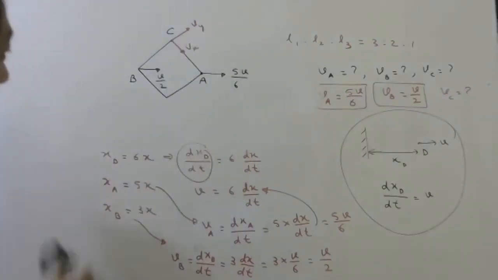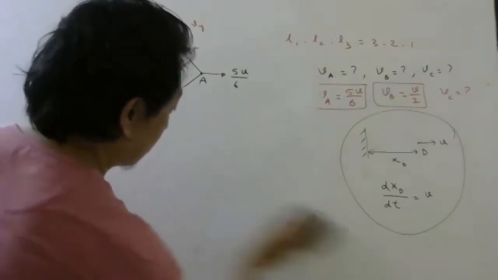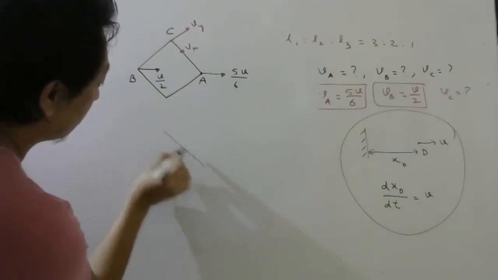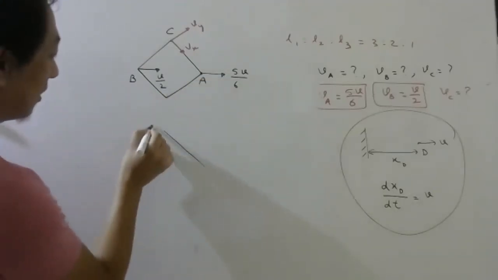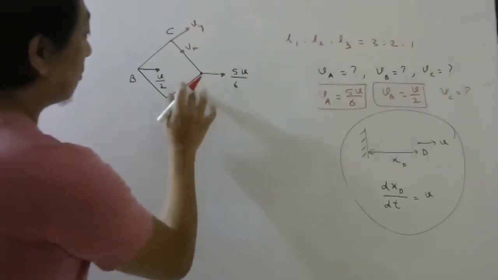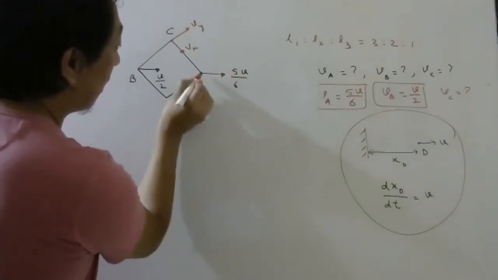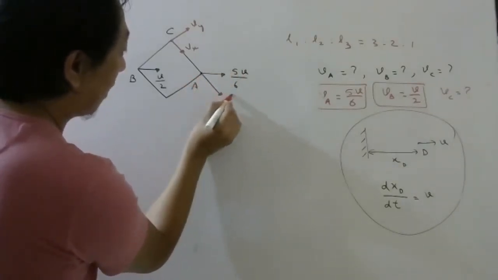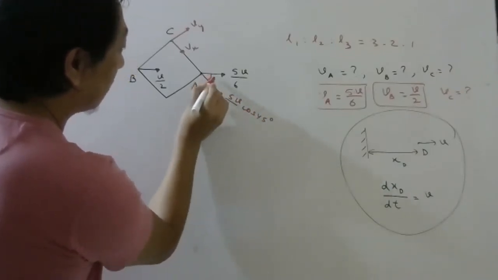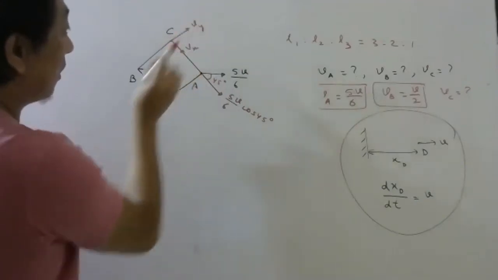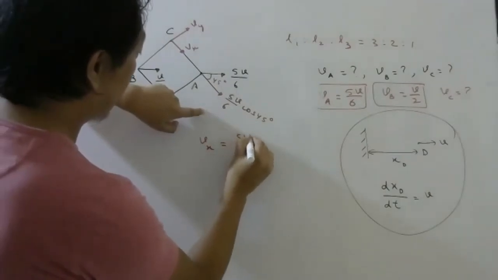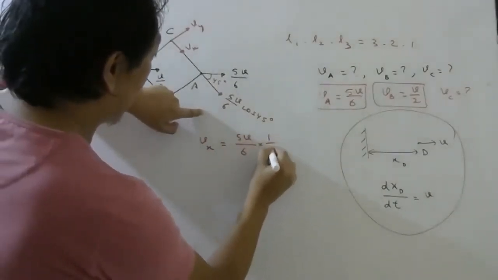So now apply string constraint. Take this rod. Here itself you can do it actually. So here, this V will have a component this side, that will be 5V by 6 cos 45. So this will be 45. This Vy will have no component here. So Vx must be equal to 5V by 6 cos 45, which is 1 by root 2.